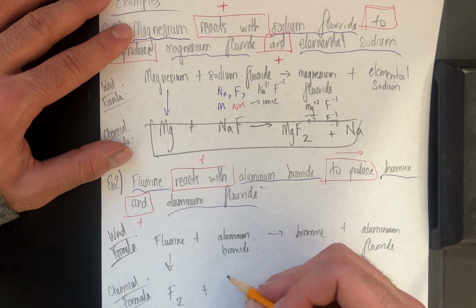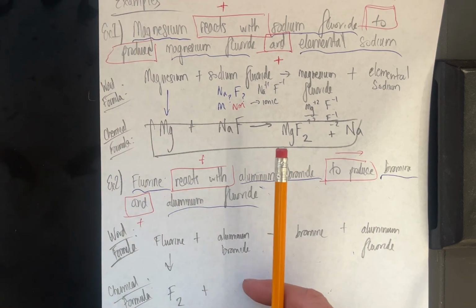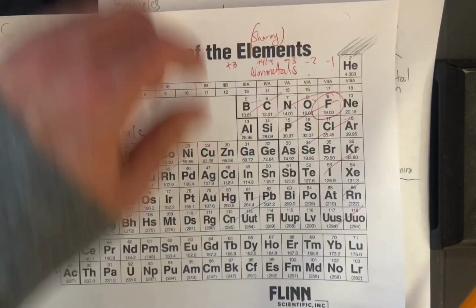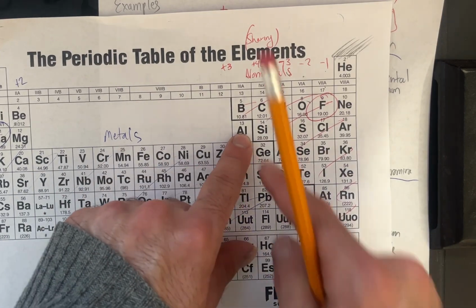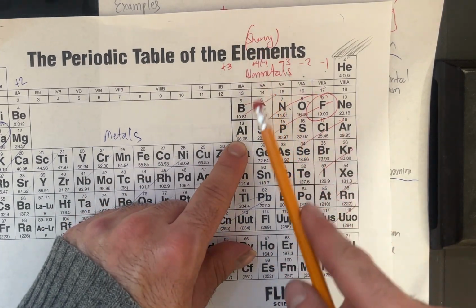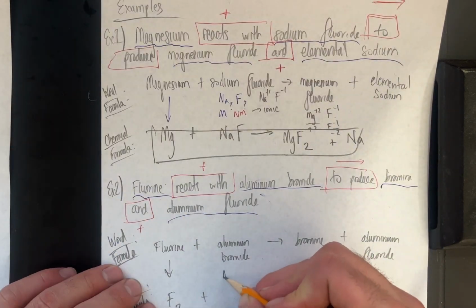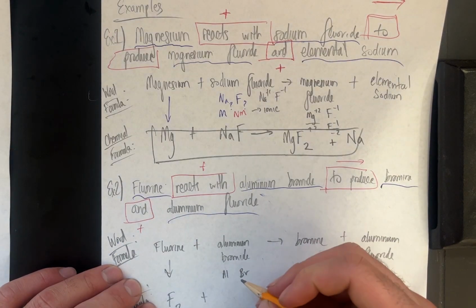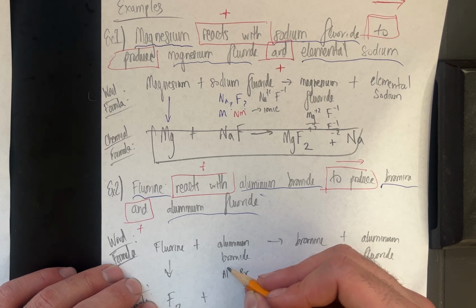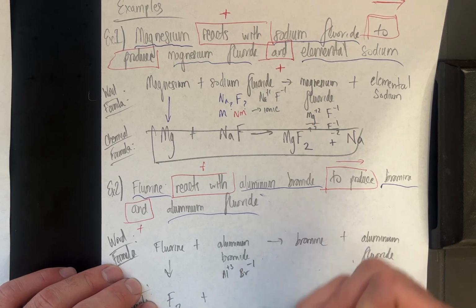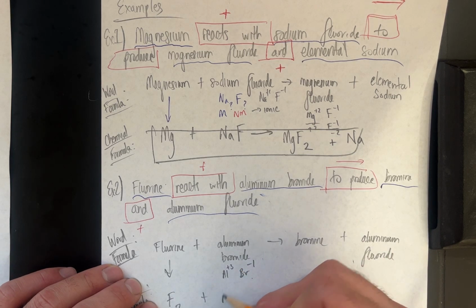So it's F2, and then aluminum bromide, aluminum metal, right? It's on this side. Bromine nonmetal, so AlBr. It's ionic, right? Metal nonmetal. And so Al has a +3, Br has a -1. You're gonna need 3 of these for every one Al. So it's gonna be AlBr3.